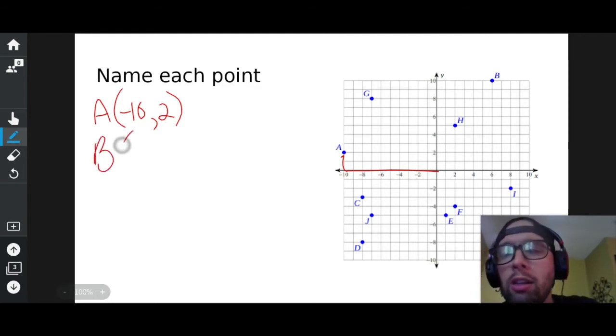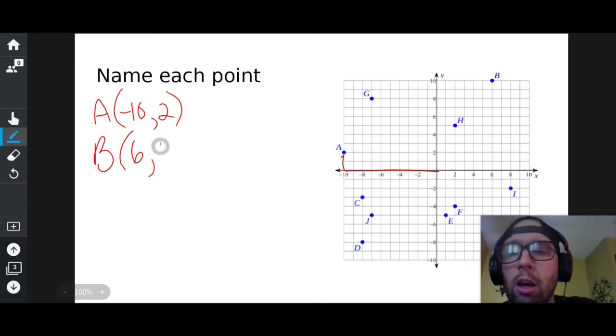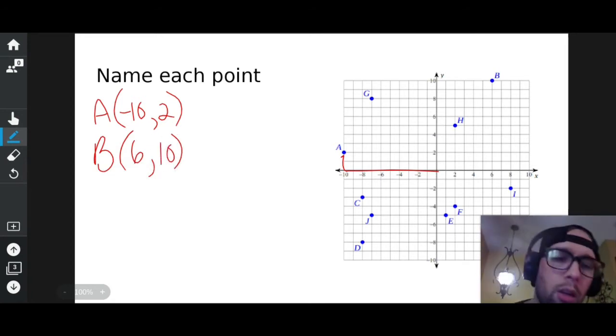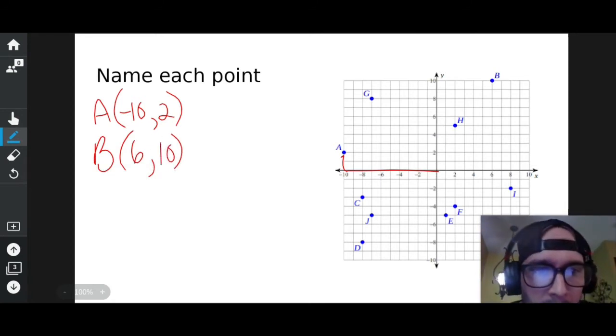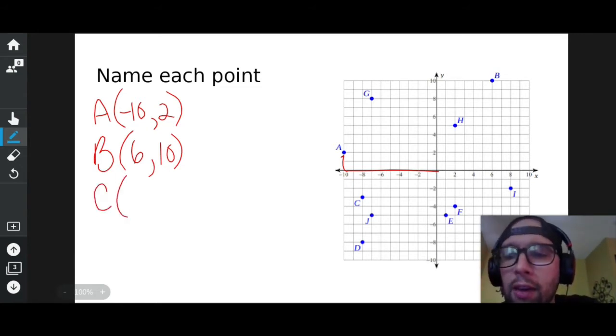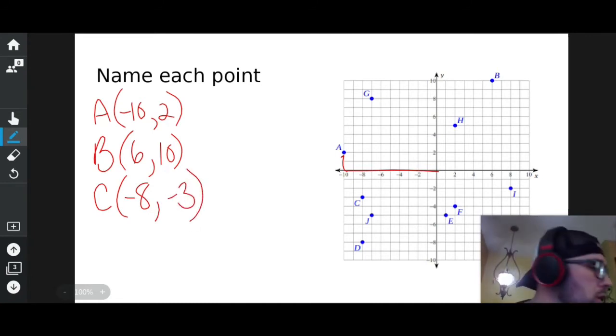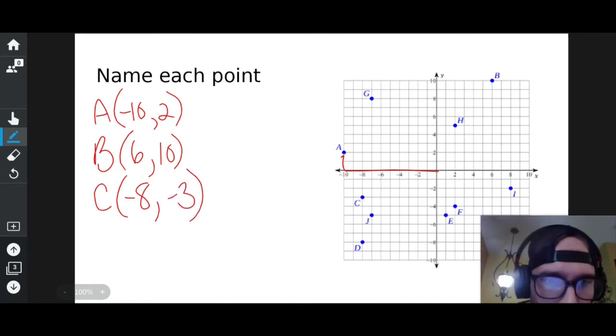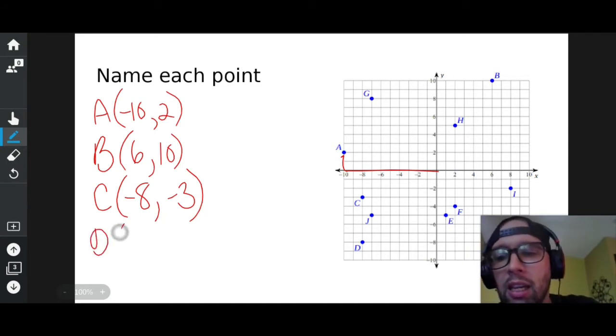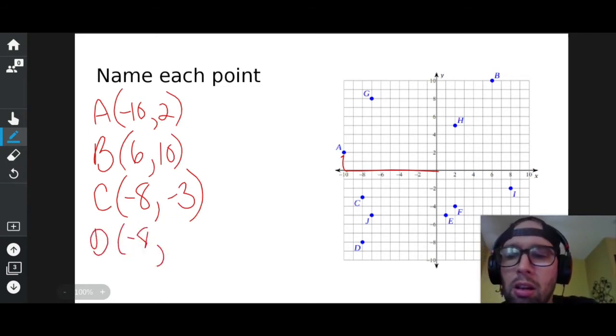So B is right 6, which is positive 6, up 10, which is positive 10. C looks like it's left 8, down 3. So C is left 8, negative 8, down 3, negative 3. D is left 8, down 8. So D is negative 8, negative 8.